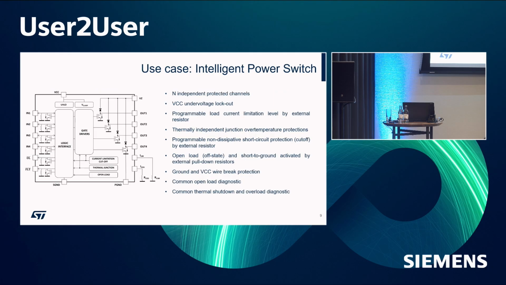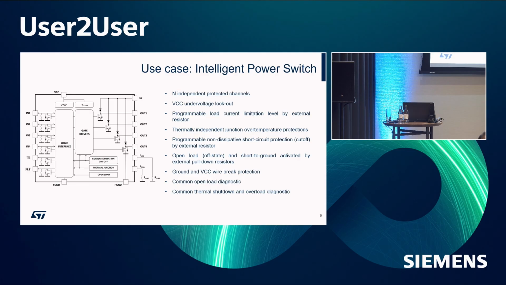This is the presentation of the test vehicle. It is an intelligent power switch. In this case, we have a pretty small device with 4 high-side switches controlled by some logic, and with a lot of analog parts for sensing the currents, for thermal over-temperature protection, and for ground and DCC wire break protection.